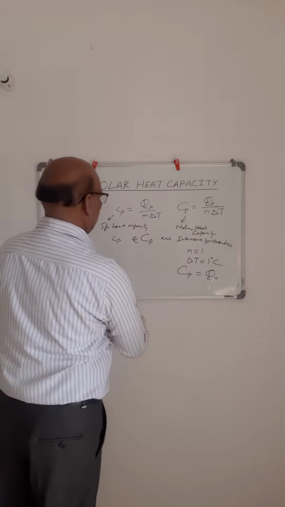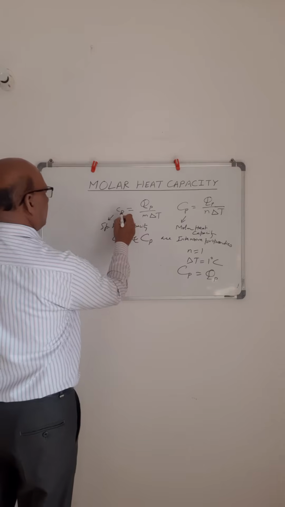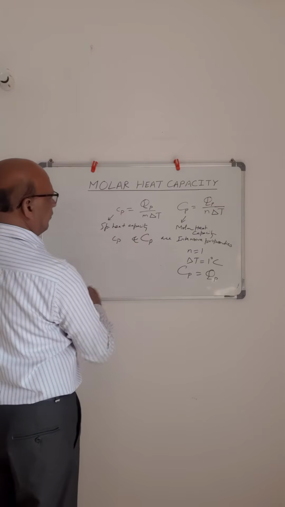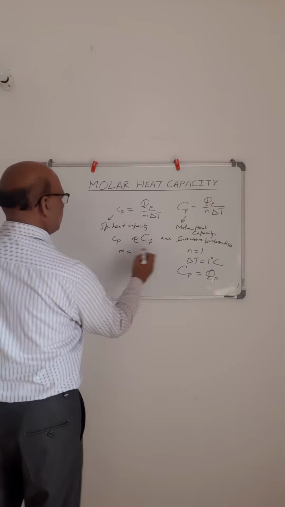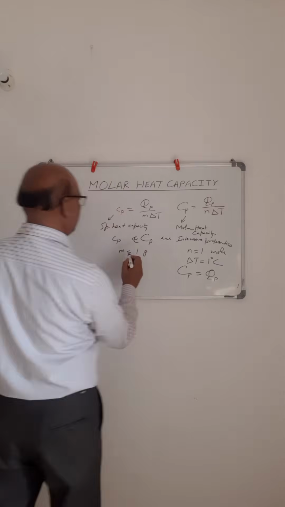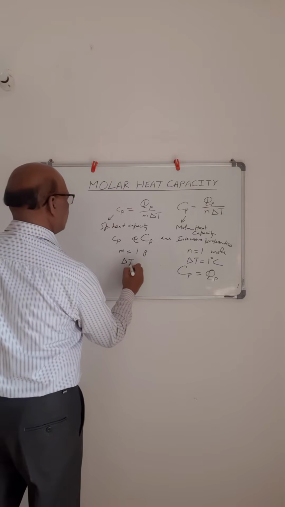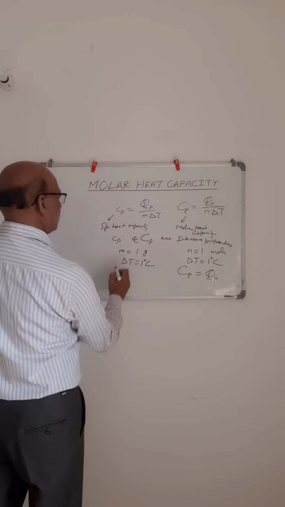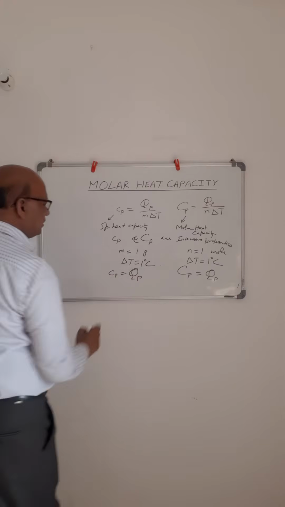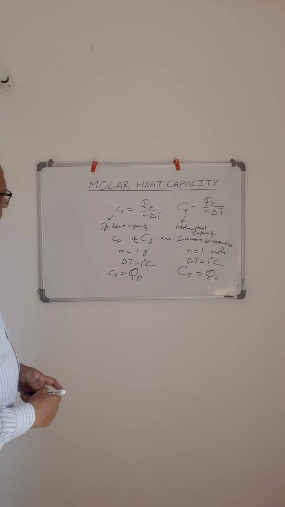In this case, if I write small cp, this is the heat required to raise the temperature of 1 gram of the gas. Here 1 mole was taken and here 1 gram of the gas by 1 degree Celsius. Then this small cp equal to capital, this is heat supplied at constant pressure.